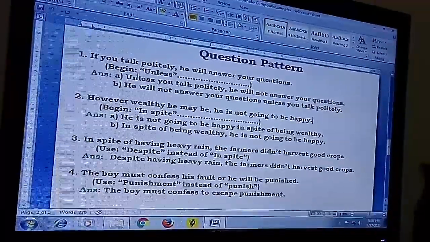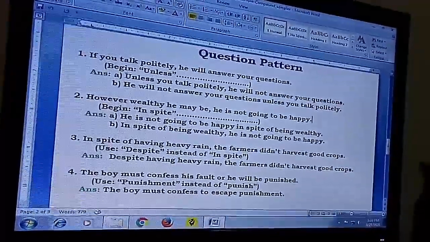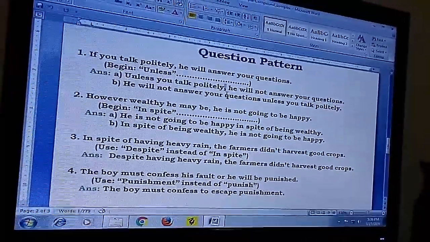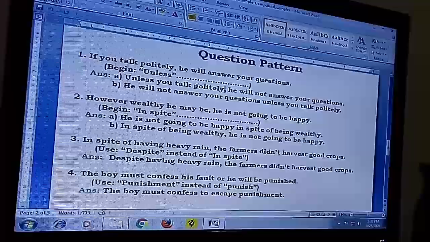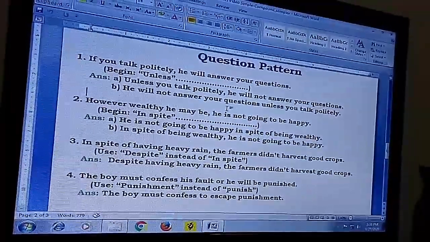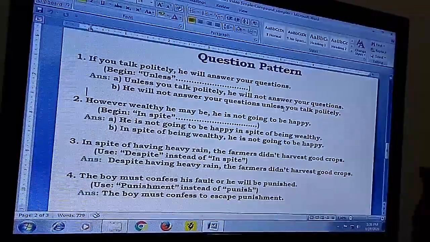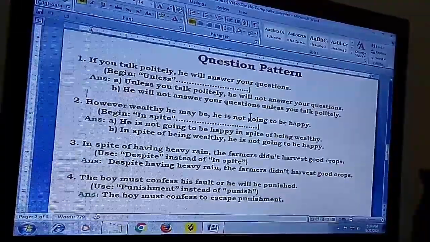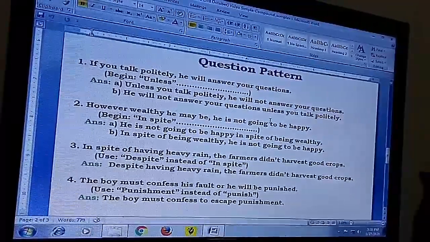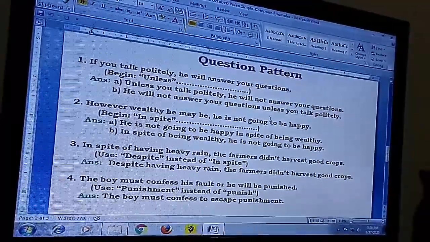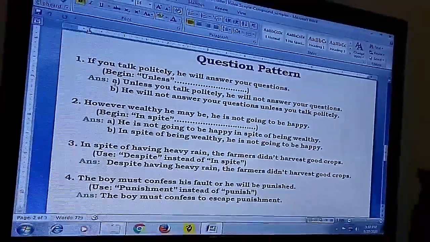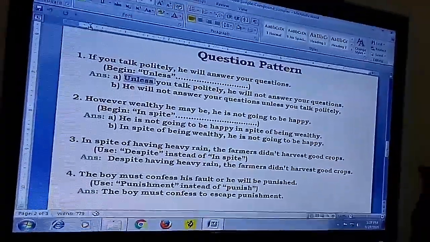If we use "unless" at the beginning of the sentence, then when the first part is over, you have to put a comma after "politely". But if you are using "unless" in the middle, no comma is required. It is only to show you this difference that I have given these two examples. However, if they ask you to begin with "unless", your answer is beginning with "unless".